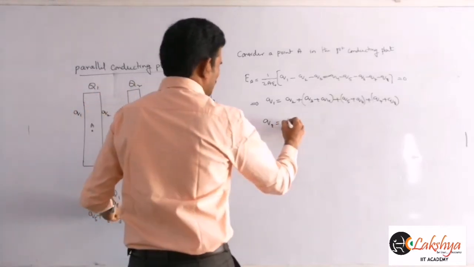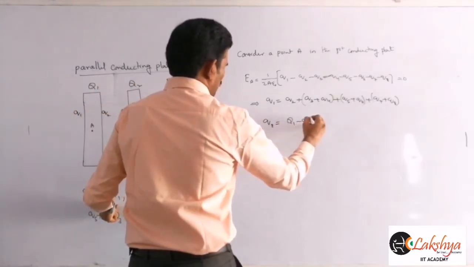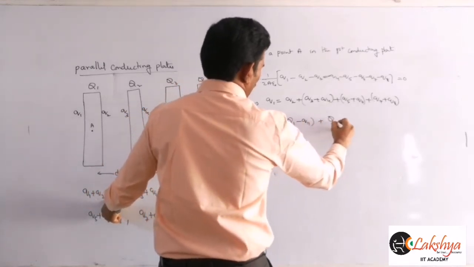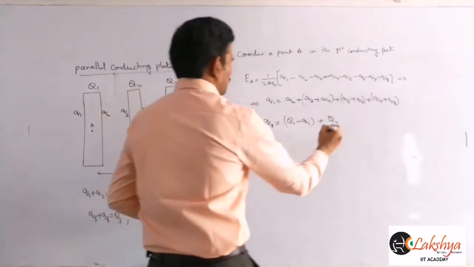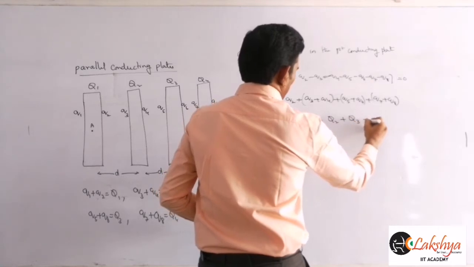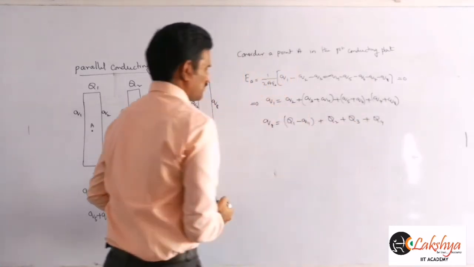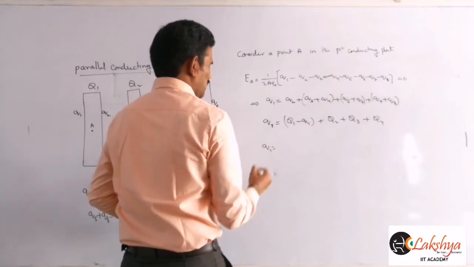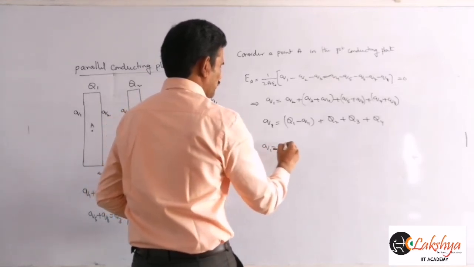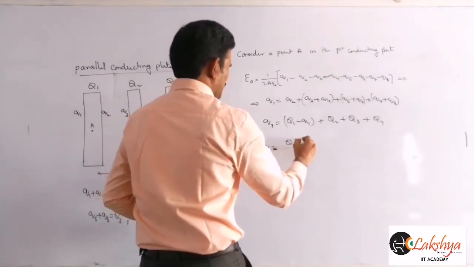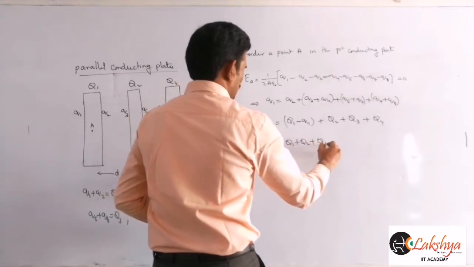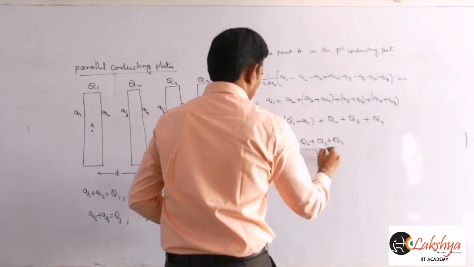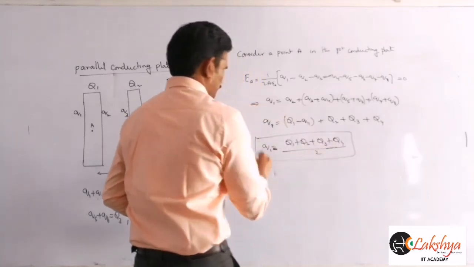So I can write this as q1 minus small q1 plus q2 plus q3 plus q4. Got it? Therefore I am taking this term to this side. Finally we can conclude that q1 is equal to (q1 plus q2 plus q3 plus q4) by 2, right?